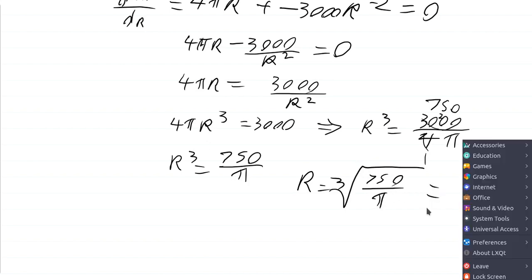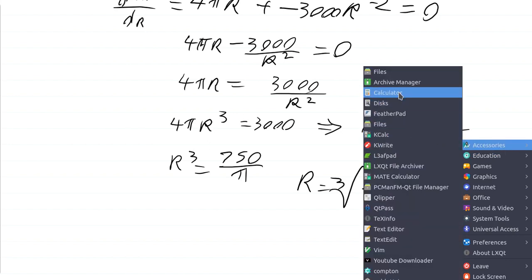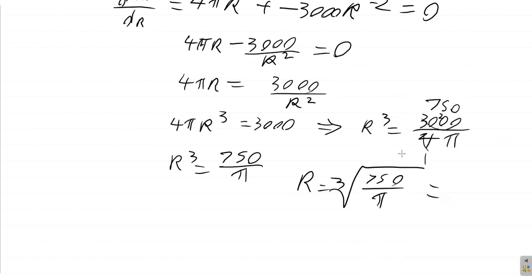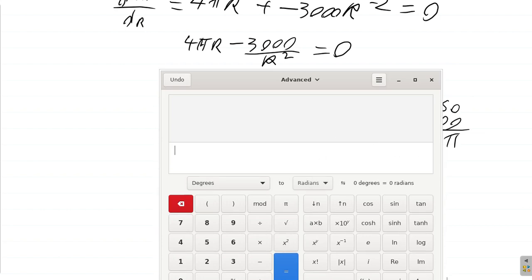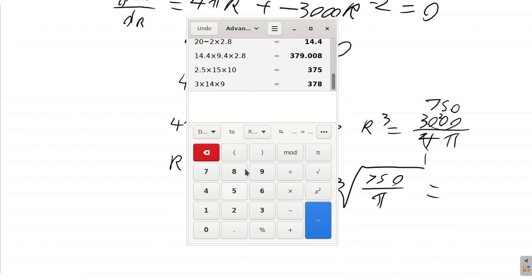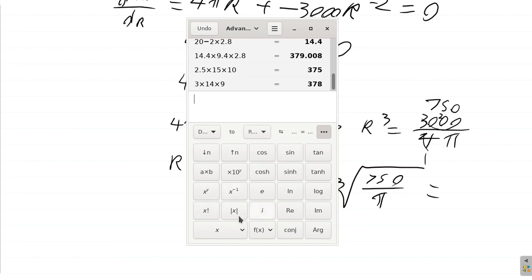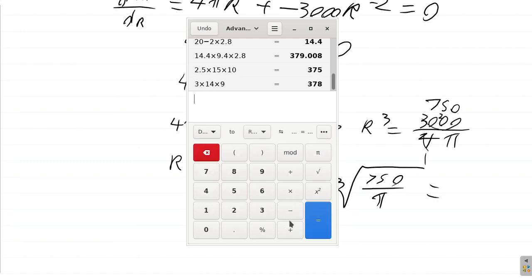What is the cube root of 750 over pi? Let us see. There's no cube root function here, but we could raise it to the power of 1/3.